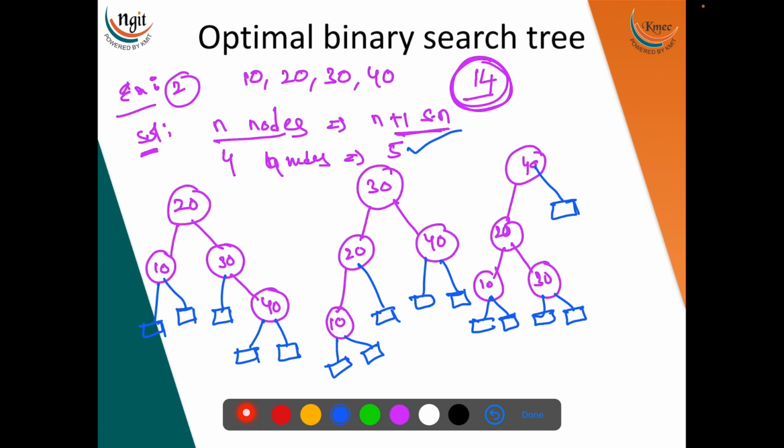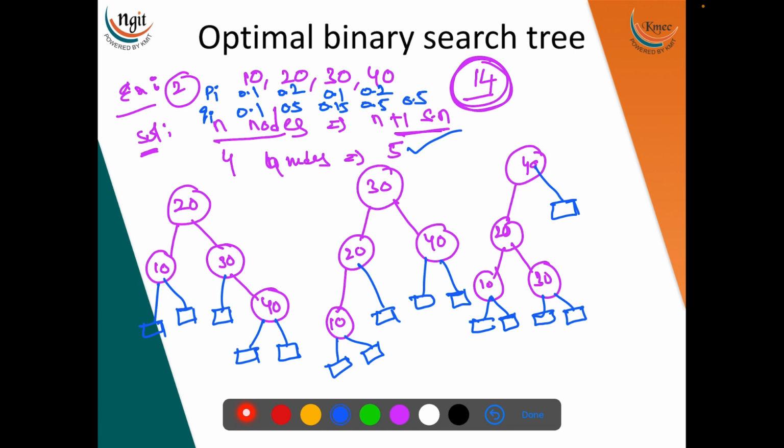Now we'll take some probabilities for the same. Pi is the successful probability, Qi is the unsuccessful probability. I'm just writing some probabilities, 0.1, 0.2 and 0.1, 0.2. When you add all of these, it should give the answer one. So I'm taking it that way, 0.15 and 0.5, 0.5.